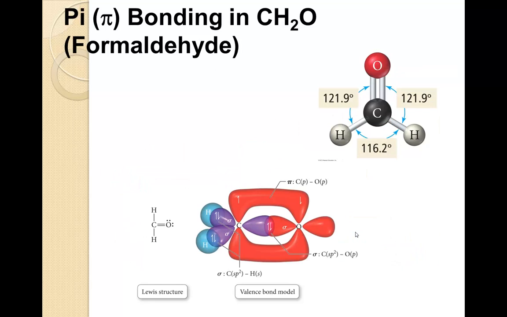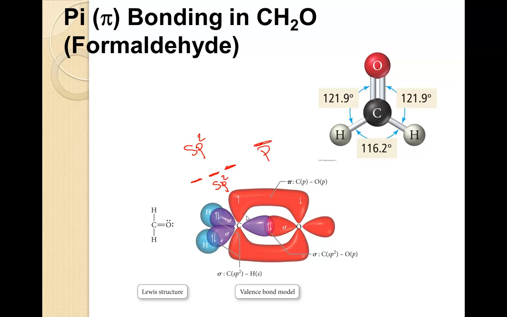So when we're looking at this coming together, we had sp2, meaning one s orbital and 2 p orbitals are coming together to form 3 sp2 orbitals. And then we also still have a p orbital here that was not overlapped.